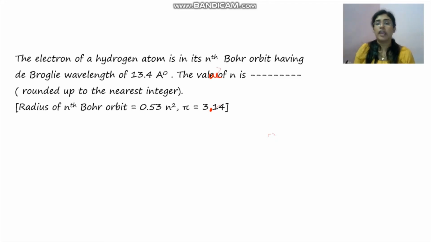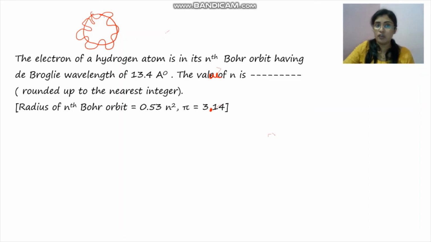Now, according to de Broglie's hypothesis, which we would have studied, the orbit is there like that, and my electron is moving along this path. We've studied in de Broglie's hypothesis that the circumference of my orbit is an integral multiple of the wavelength.